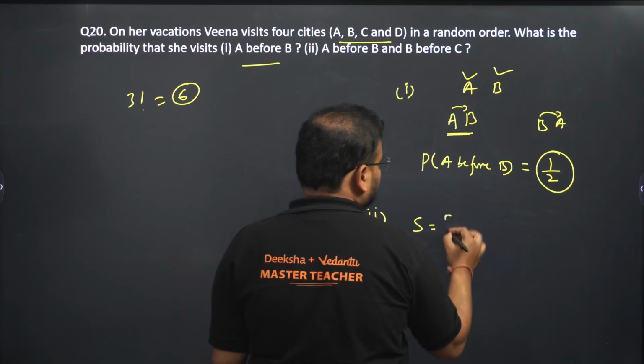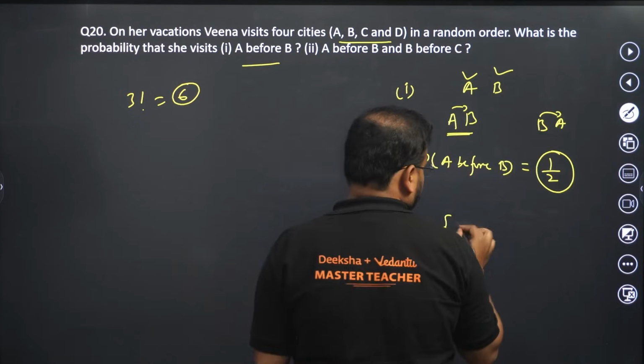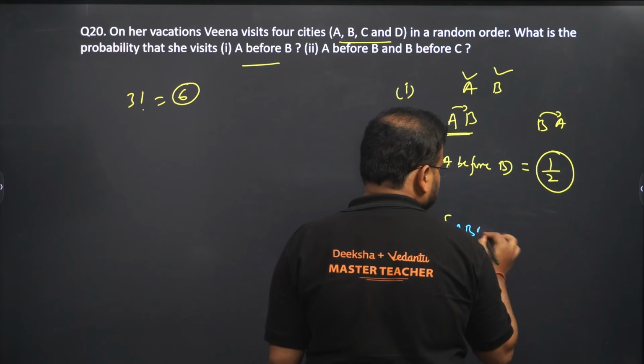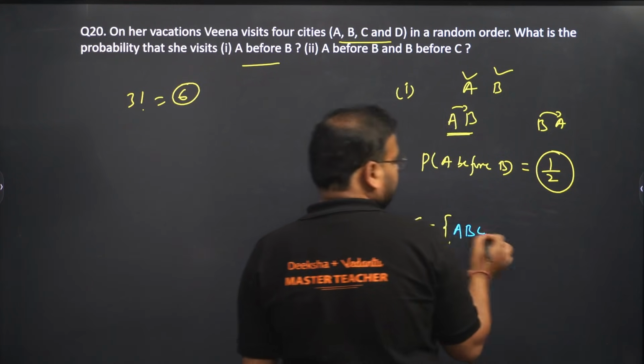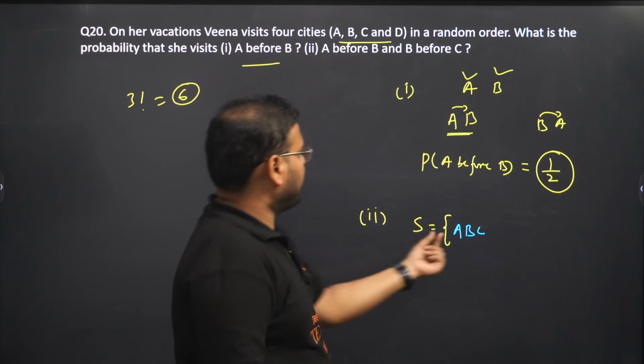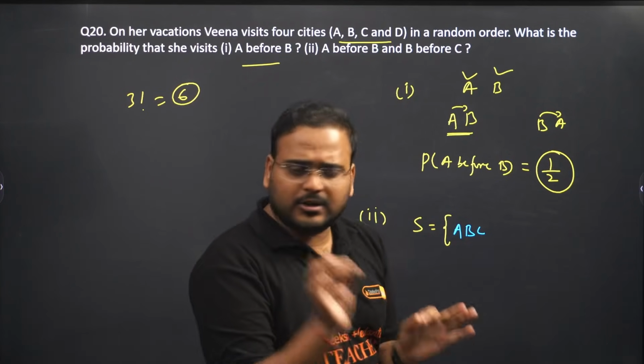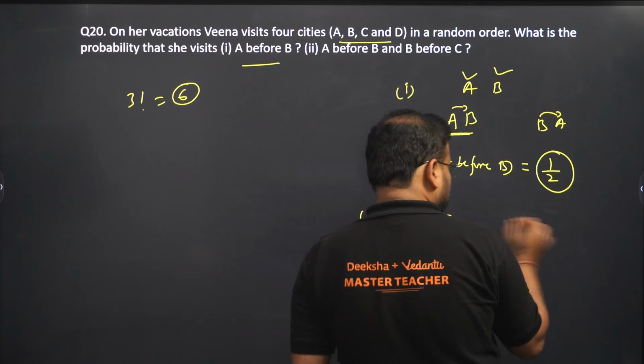For 3 cities, look at the sample space. Let's say she travels to city A first: A, B, C. That's what they're saying: A before B, and B before C. So ABC is my favorable outcome. Let's write all the sample spaces.